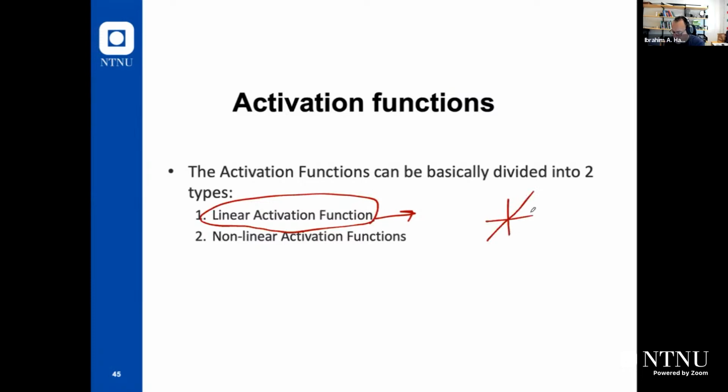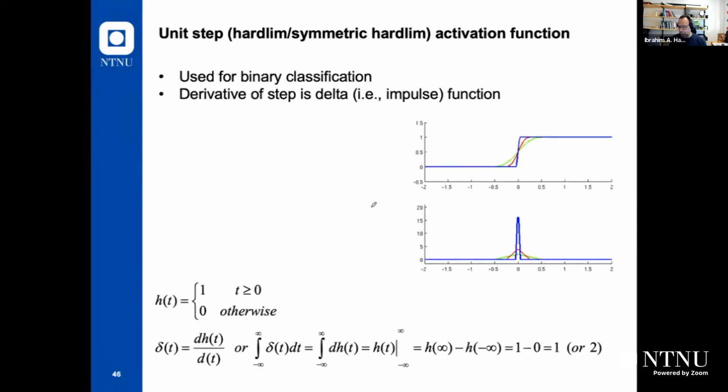So we used this one for regression problems. Nonlinear activation functions are very important because they can add some non-linearity to the neural network layers, and it's important to try to model and map complex relationships.